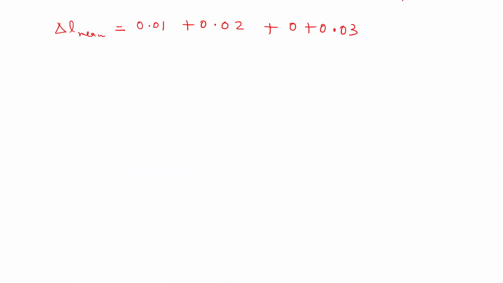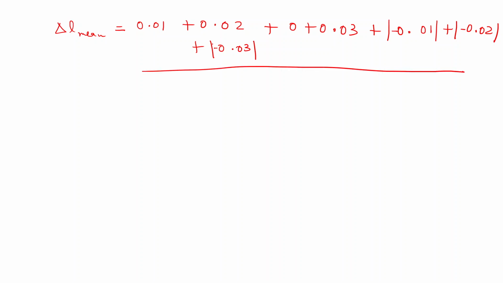So it will be 0.01, absolute of this number, and absolute of this number. Taking absolute basically means we have to ignore this negative sign. So let's add this.